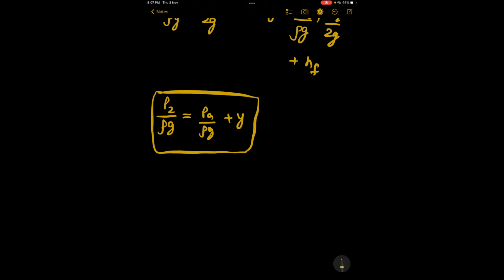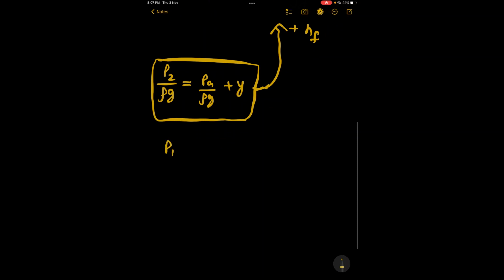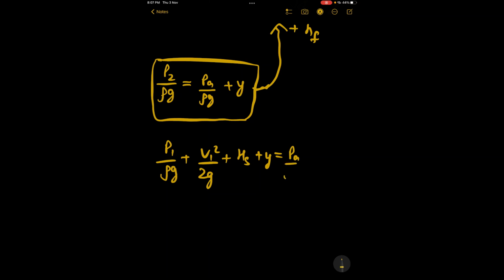Okay, so this is your P2, and I will put it into equation 1. I'll get P1 by rho g plus V1 square by 2g plus hs plus y is equal to Pa by rho g plus y plus V2 square by 2g plus hf.